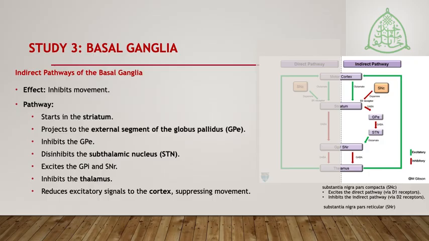because naturally the globus pallidus externa inhibits the subthalamic nuclei, which is supposed to activate or excite the substantia nigra.